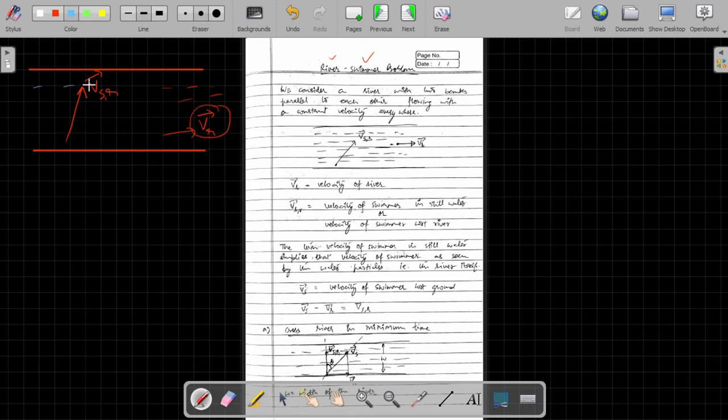What we are mainly concerned with is finding the actual velocity of the swimmer as seen by an observer sitting on the bank of the river.